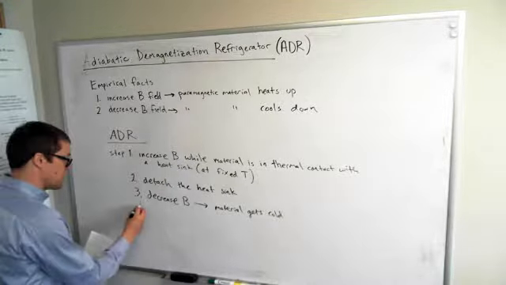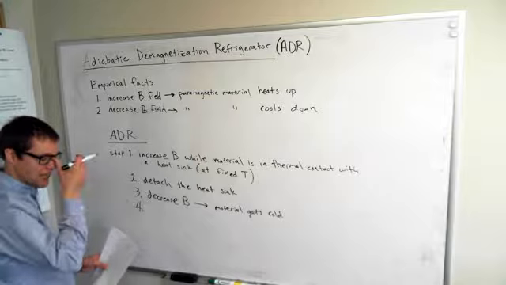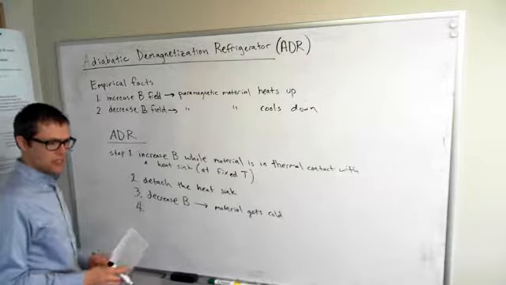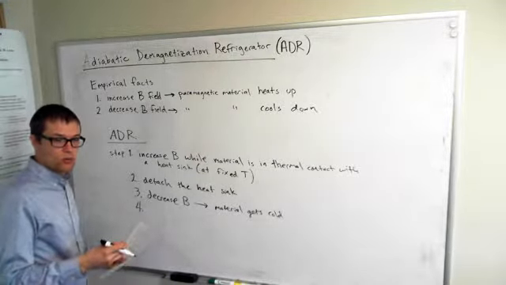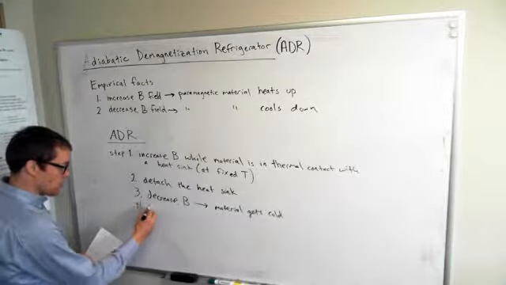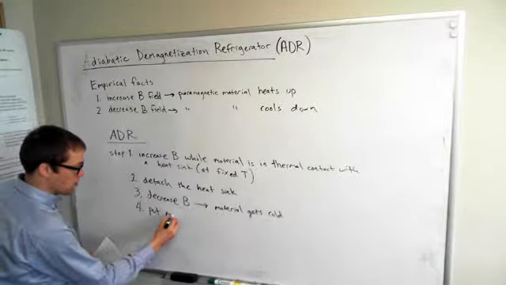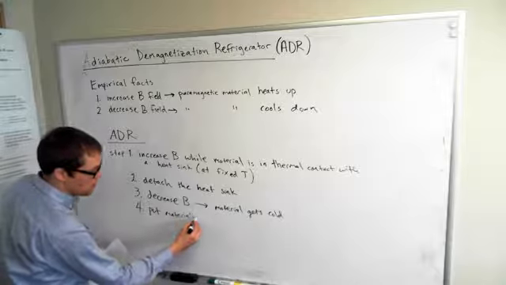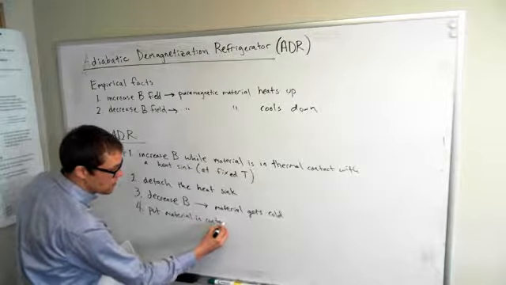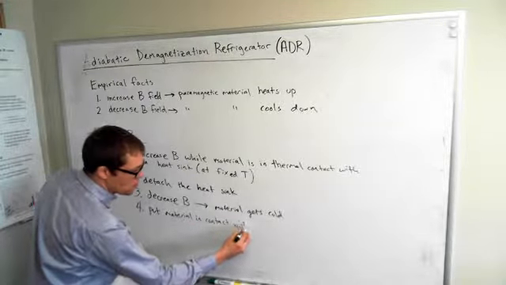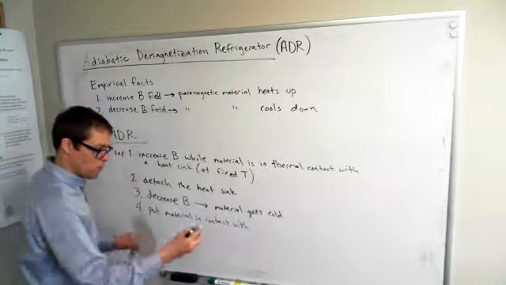And then finally, you take this cold bit of paramagnetic material and put it in contact with whatever it is that you would like to cool off, right? So now put the material in contact with what you want to cool.